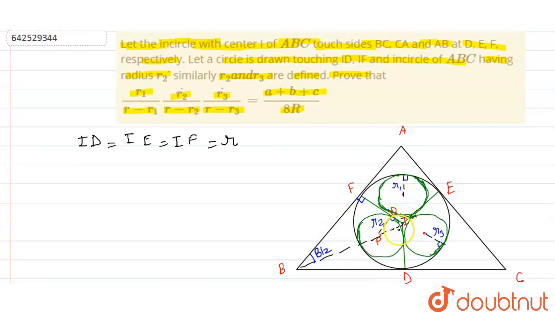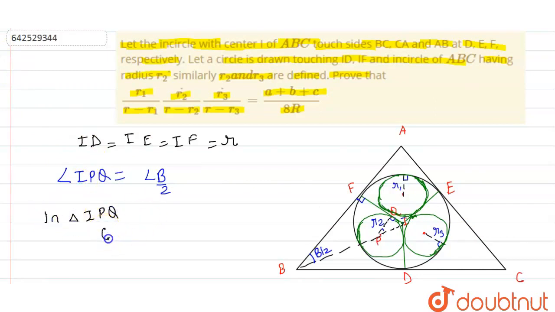So triangle IPQ is similar to triangle IFB. So we can say this angle will also be b by 2, that is, angle IPQ will also be equal to b by 2.